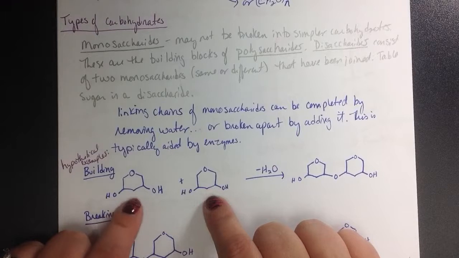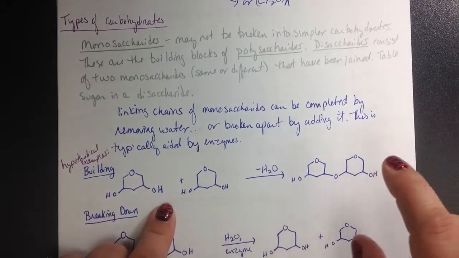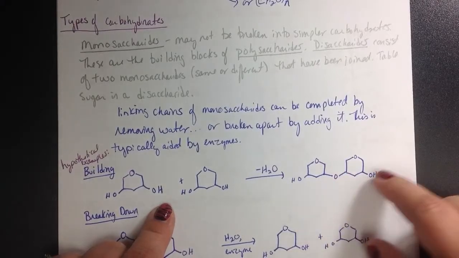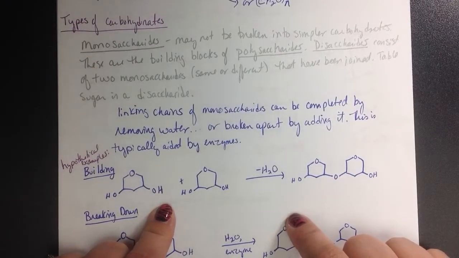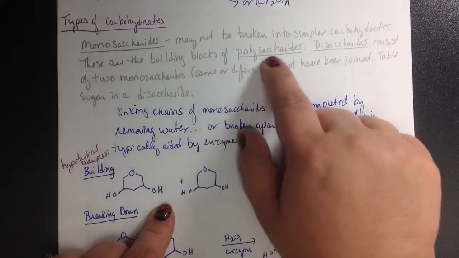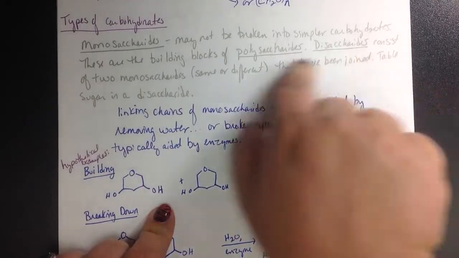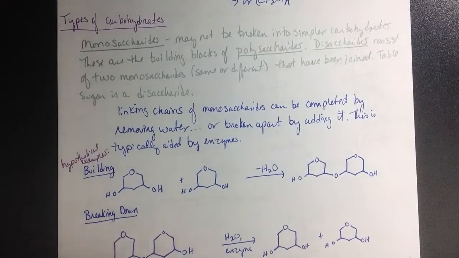When you combine two of these, that would make a disaccharide in this case. If you have lots of them, it would be a polysaccharide. So polysaccharides mean many saccharides, disaccharides means two, and mono simply means one.